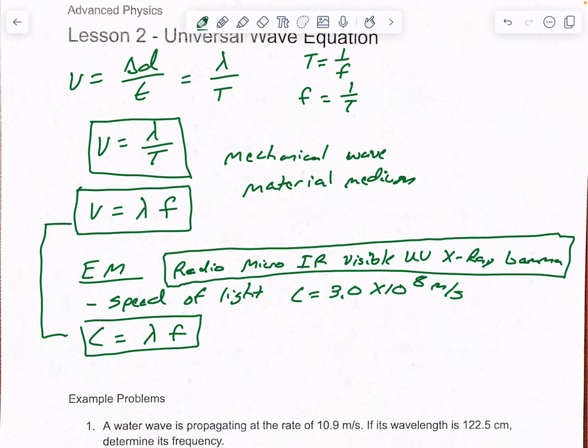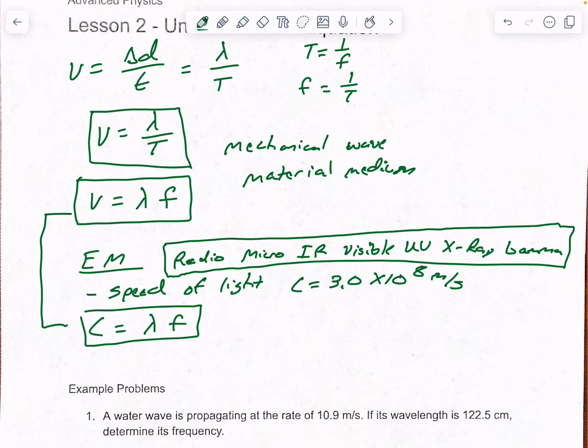That's why we put a c there, because it's always constant, always 3.0 times 10 to the 8th. Versus the v's in the first equations, those could be anything. It could be sound in water, sound in air. So velocities can change a lot when it's a material medium, but electromagnetic velocities will never change.